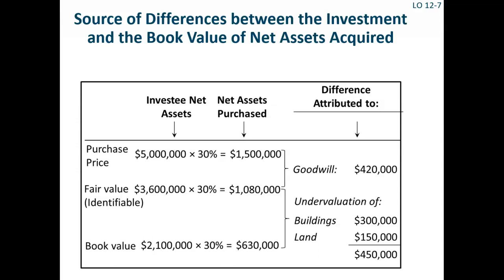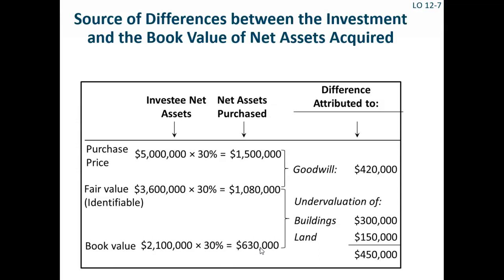So looking at this illustration, we can see that United purchased 30% of Argent and their purchase price was $1,500,000. Their share of the fair value of identifiable net assets was $1,080,000, and their share of the book value of identifiable net assets was $630,000.